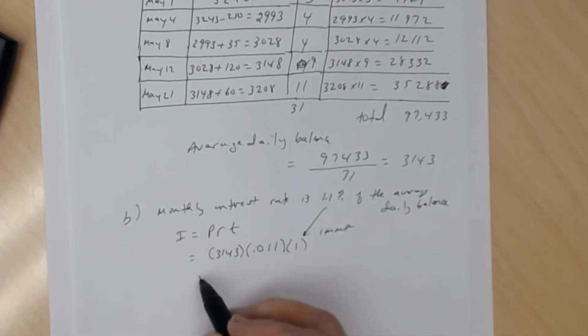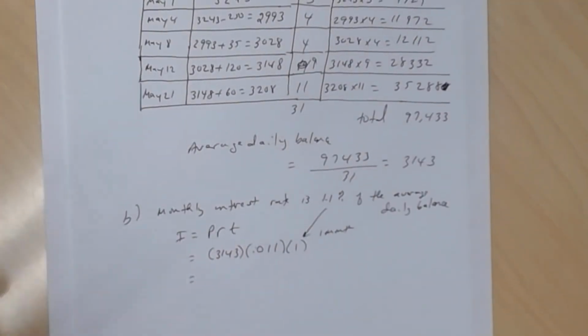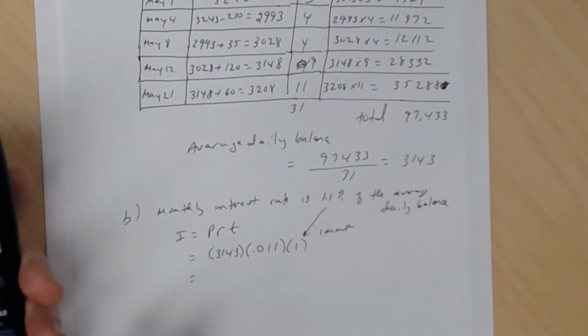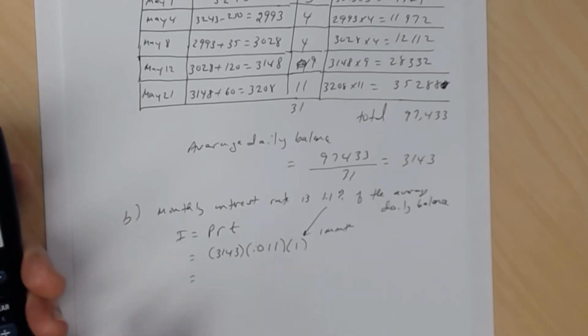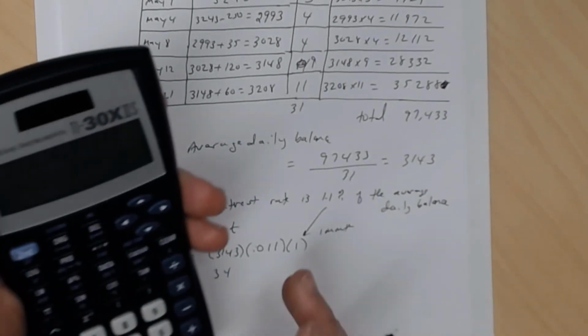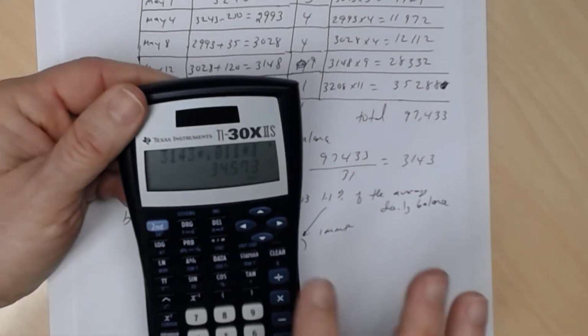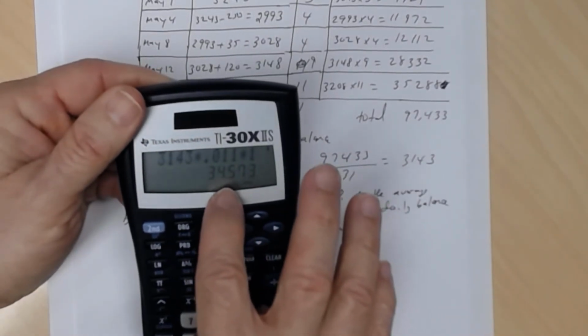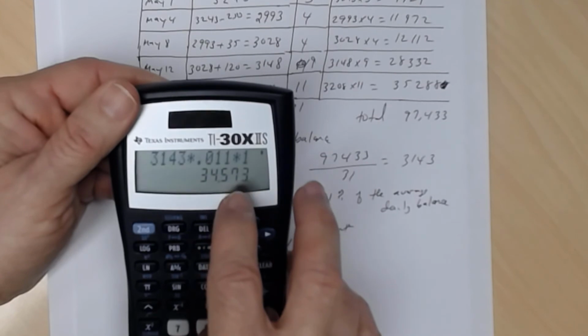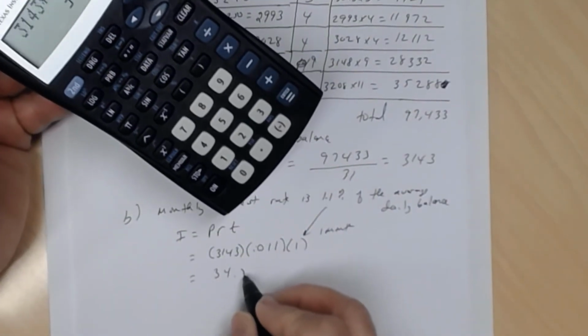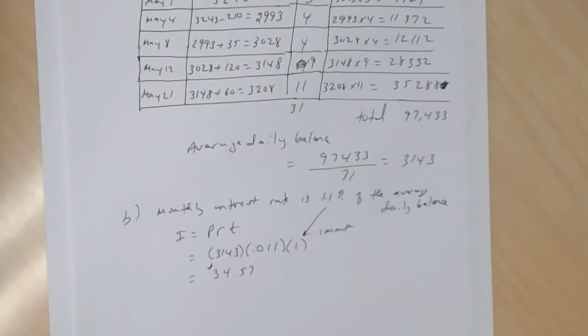And so I get 3,143 times 0.011 times 1 equals $34.57 after rounding to the nearest cent.